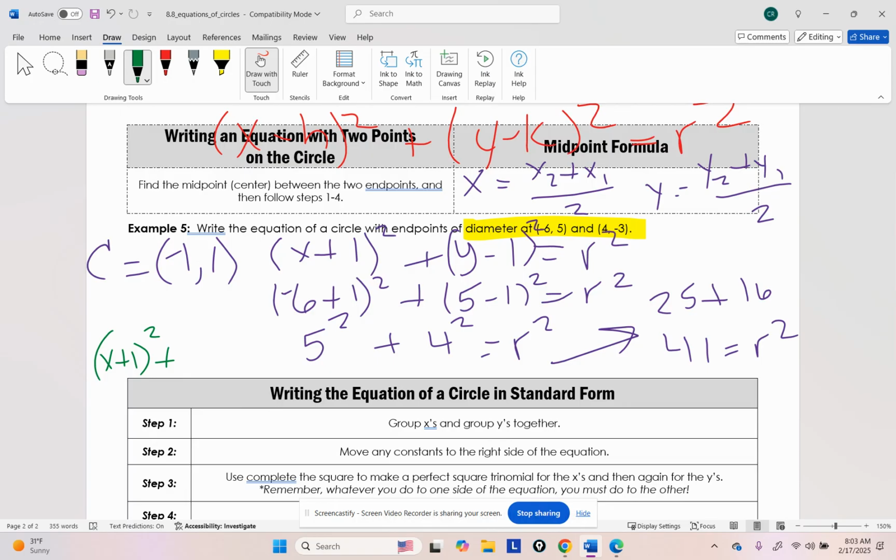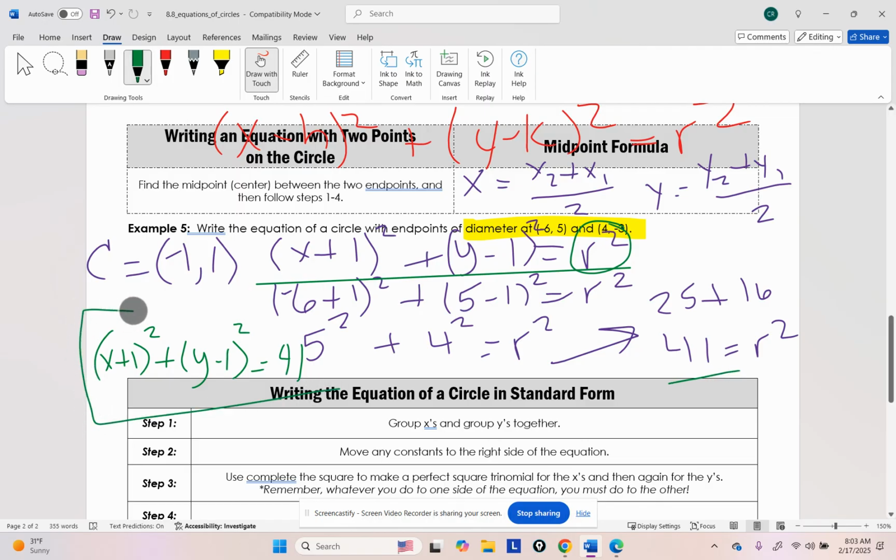So we got x plus 1 for that, plus y minus 1 squared equals 41. And we had already written the equation up here. We just needed to plug in that 41 for our r squared equals 41. So this right here is our final answer for that one.